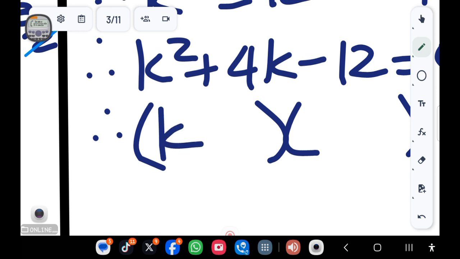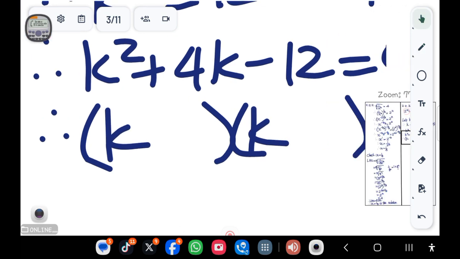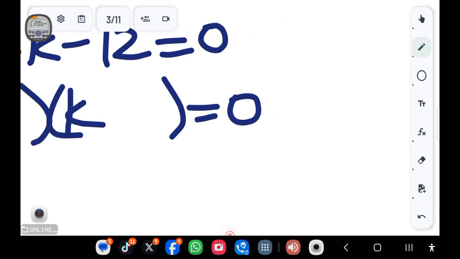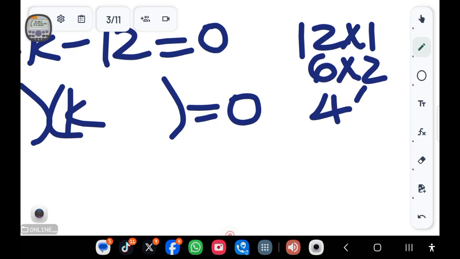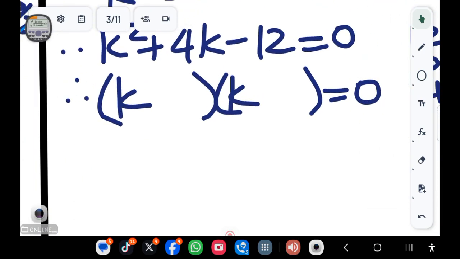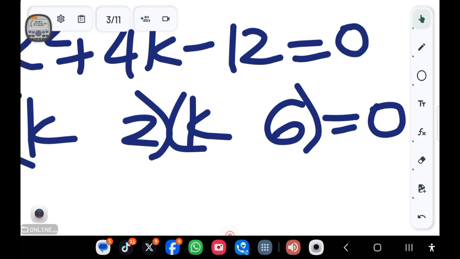There will be k and k. And then the factors of 12 that give us 4 in the middle will be 12 times 1, 6 times 2, 4 times 3. Okay, 6 times 2. That's the combination that will give us 4.